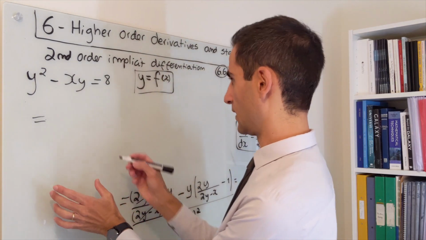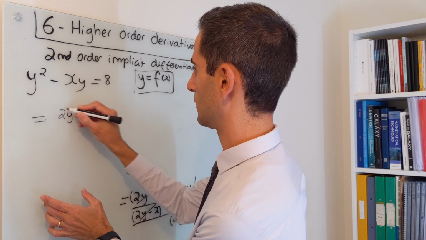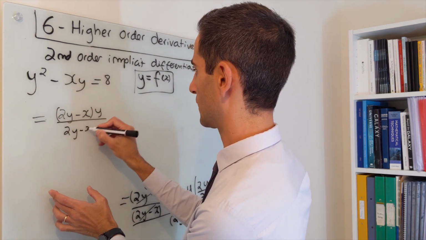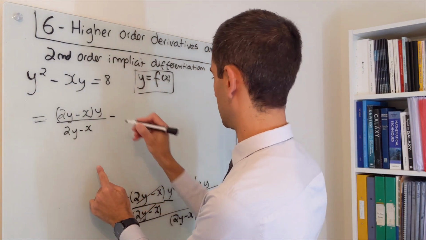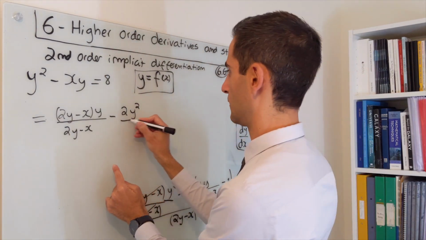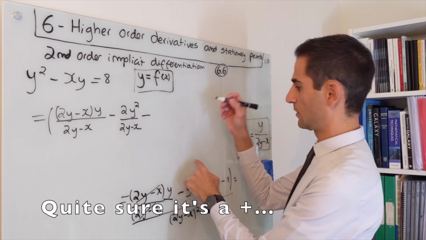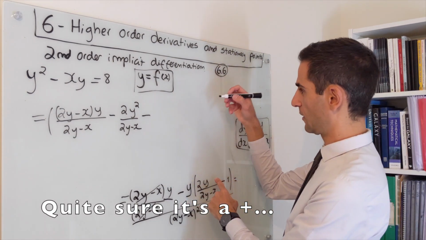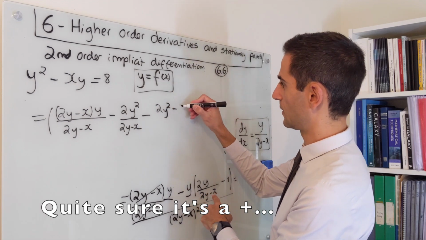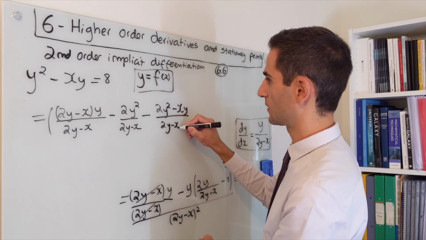In this case, we end up with 2y minus x times y over 2y minus x minus 2y squared divided by 2y minus x minus, and this is being multiplied by y, which means we get 2y squared minus xy over 2y minus x.